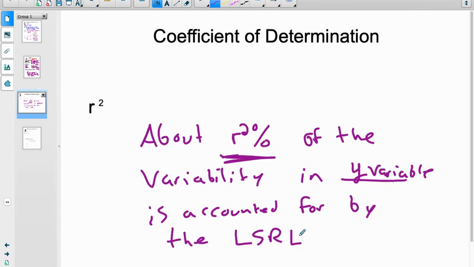So when we're predicting something, it tells us the percent of the variability in our y variable that can be accounted for when we're using the least squares regression line.